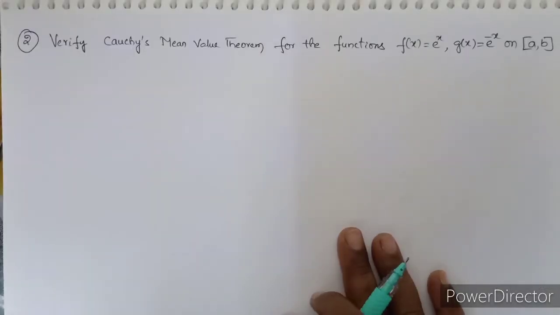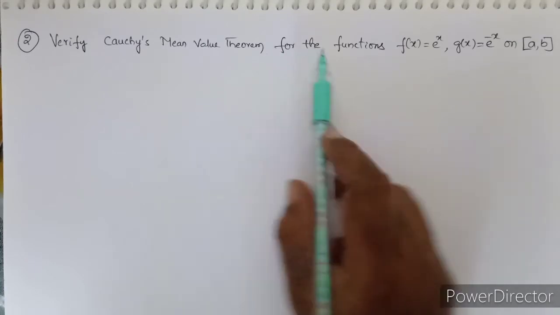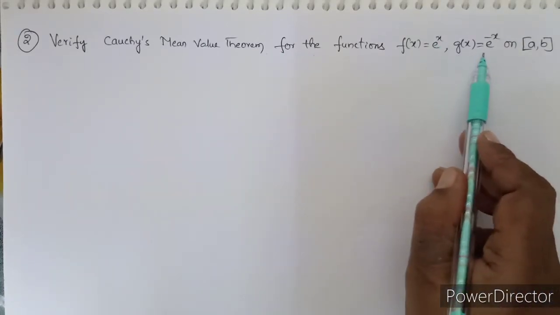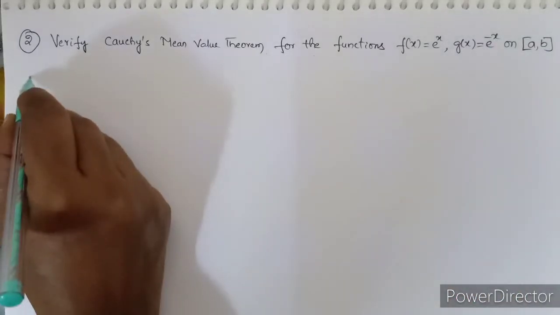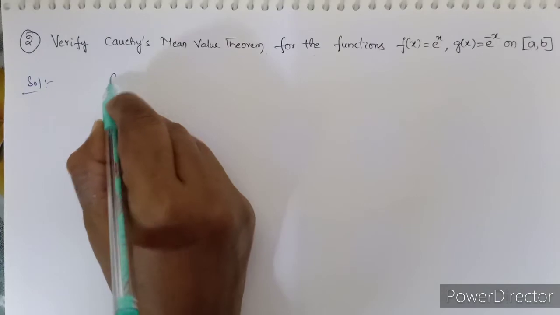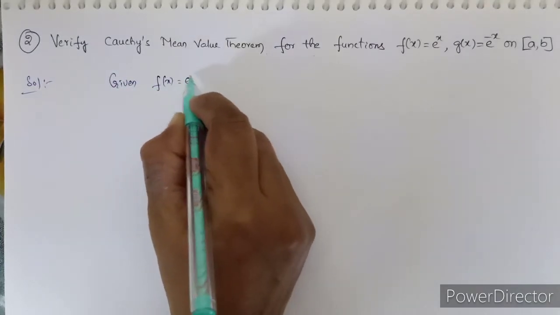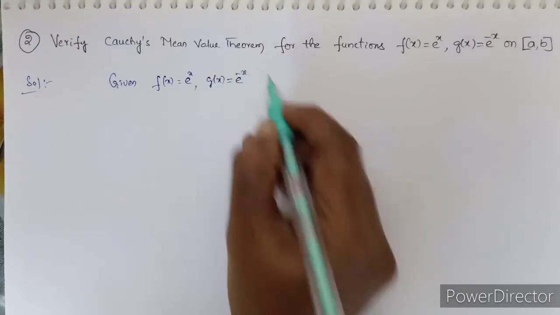We look into another problem. Verify Cauchy mean value theorem for the functions f of x is equal to e power x and g of x is equal to e power minus x on the closed interval a comma b. Given f of x is equal to e power x, g of x is equal to e power minus x.